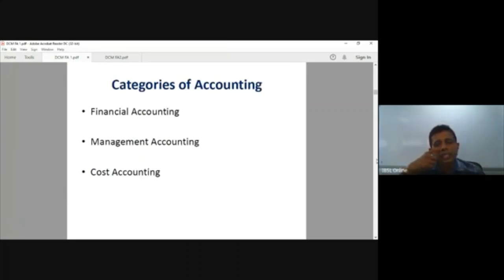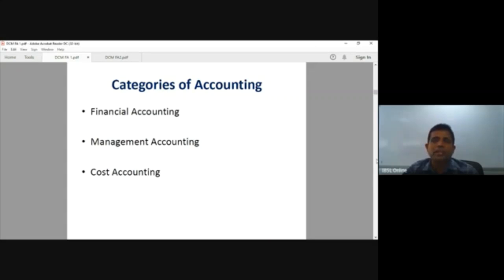Then there are three categories of accounting: financial accounting, management accounting, and cost accounting. I won't go into detail. The basic difference is that financial accounting always talks about the past, what has happened, not the future.